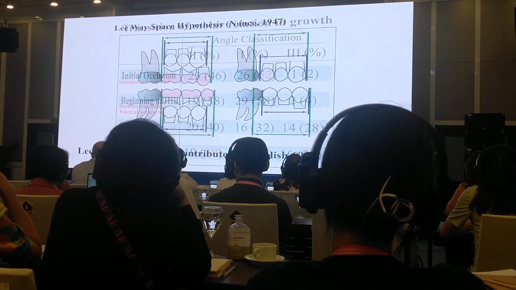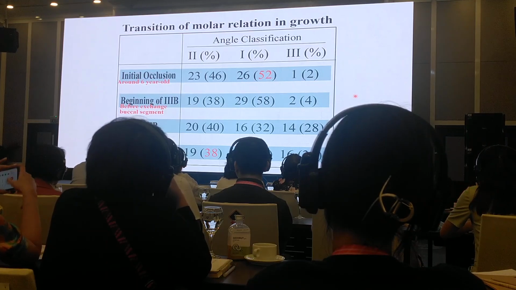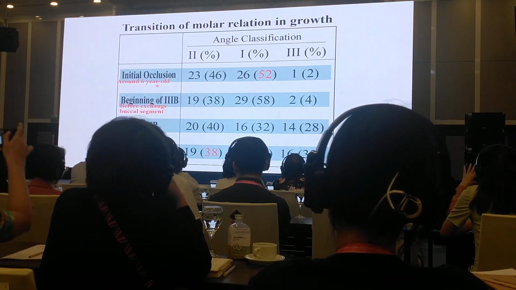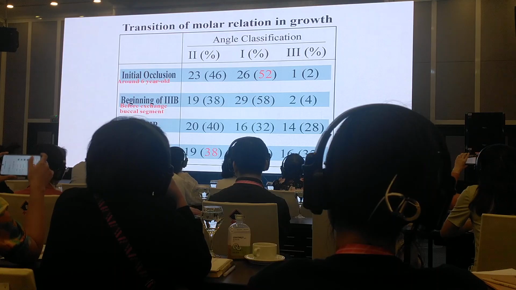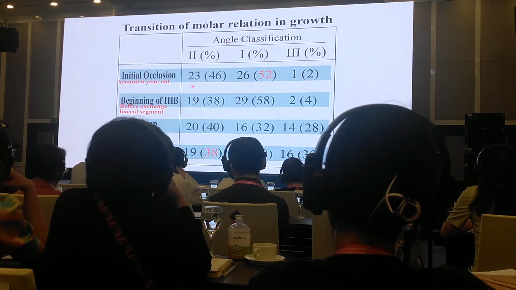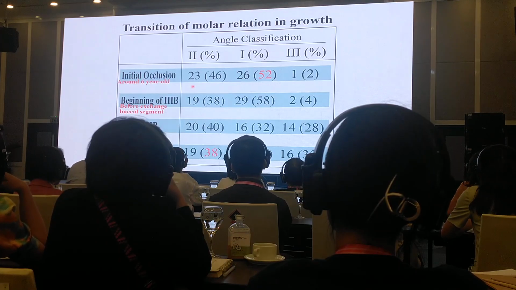For example, in my department, we have growth samples. I check simply, for example, the initial occlusion, that means 6 years old. I check the molar relation, dental relation: plus 2, plus 1, plus 3.